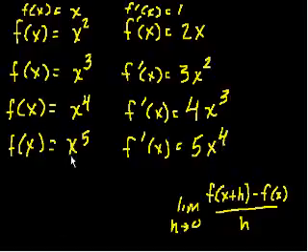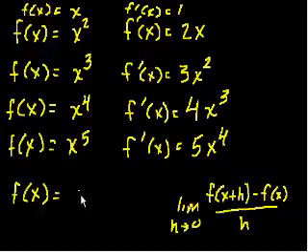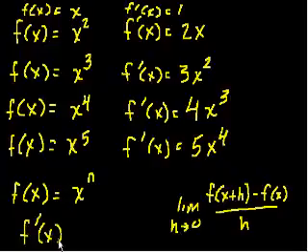So in general, for any expression within a polynomial, or any degree, x to whatever power, let's say f of x is equal to x to the n, where n could be any exponent, then f prime of x is equal to n x to the n minus 1.